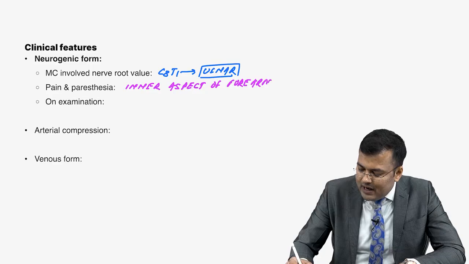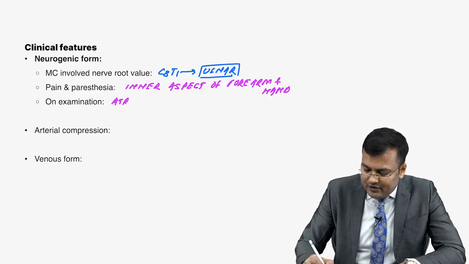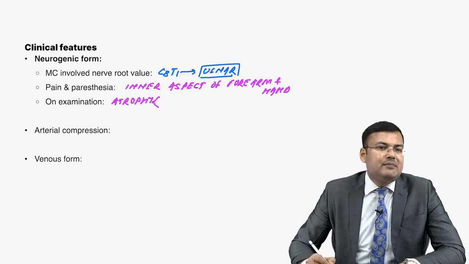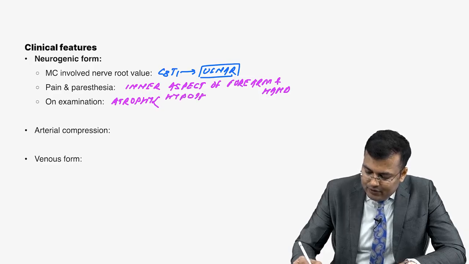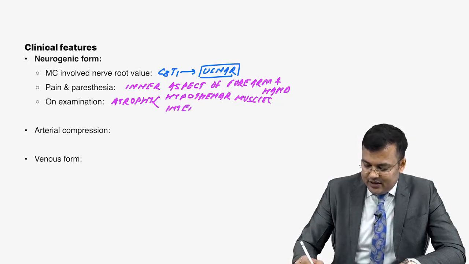On examination, there is atrophy of the hypothenar muscles and interossei. Clear?